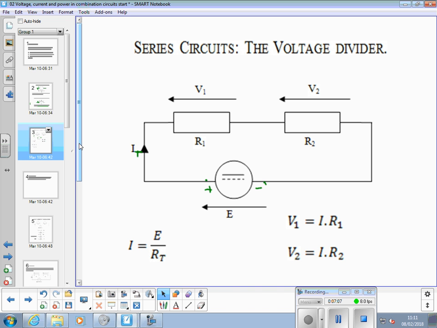If we had the current here be half an amp, mistakes like that are commonly made when we get to combination circuits.